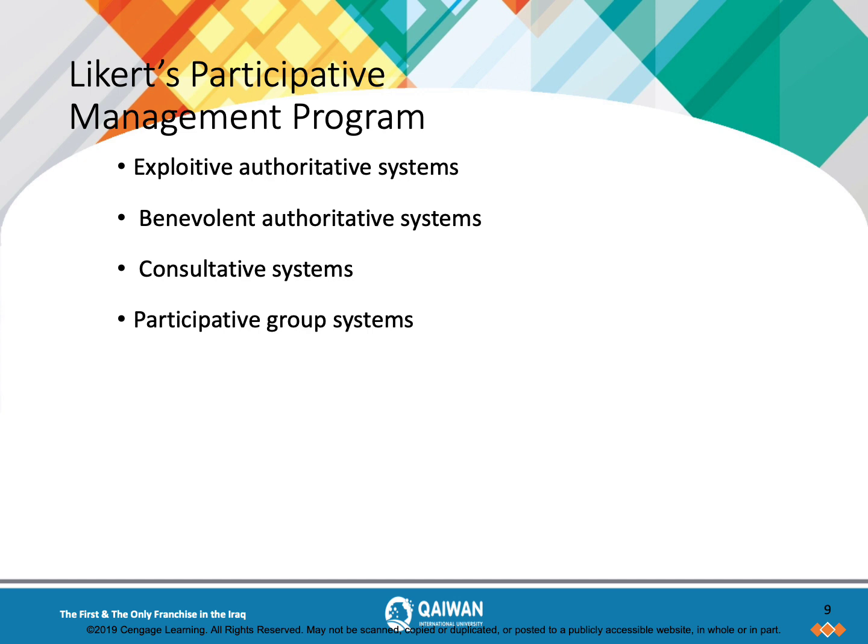The 4 management systems from the worst to the best: the first one, exploitative authoritative system; the second, benevolent authoritative system; then consultative system and participative group system. The first one is when managers do not trust employees and employees are controlled through fear and punishment.